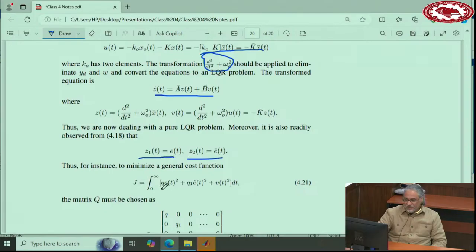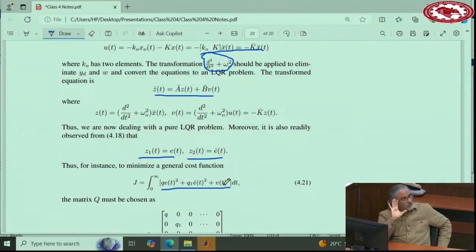So you can minimize this cost function, a great cost function, because it has the tracking error in it. You minimize that. It has variations of the tracking error. It gives you more freedom now because the controller is order 2, and also the energy of the variations of the control input.